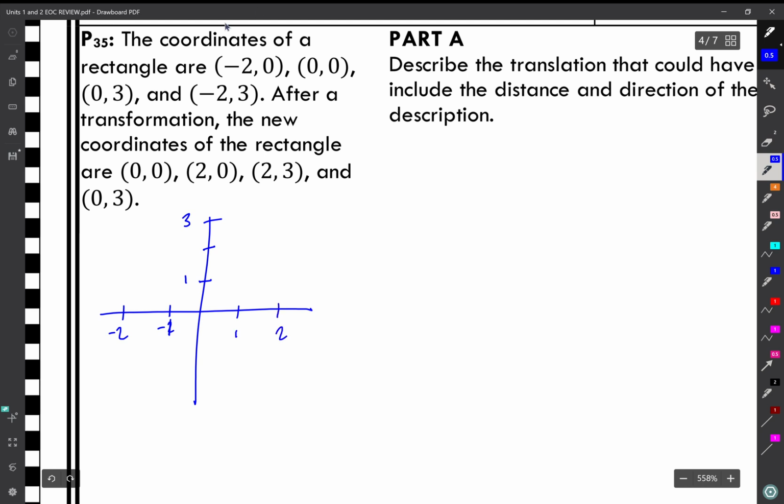So the coordinates of the first rectangle are negative 2, 0, 0, 0, 0, 3, and negative 2, 3. Right? That's my first rectangle. After the transformation our coordinates are 0, 0, 2, 0, 2, 3, and 0, 3. So R2 is right here, R1 is right here. So basically, that's what it looks like.